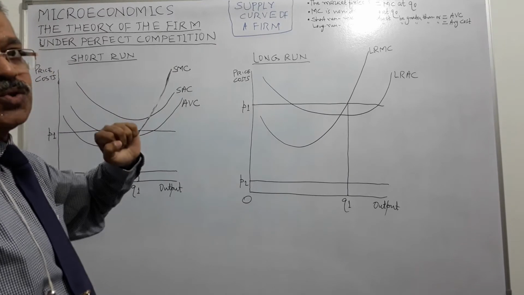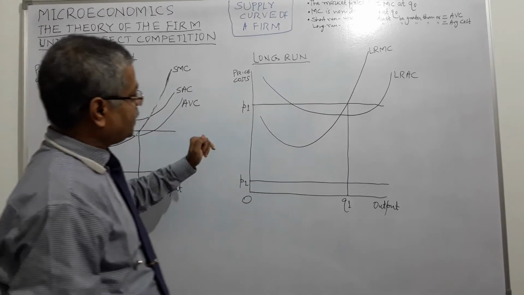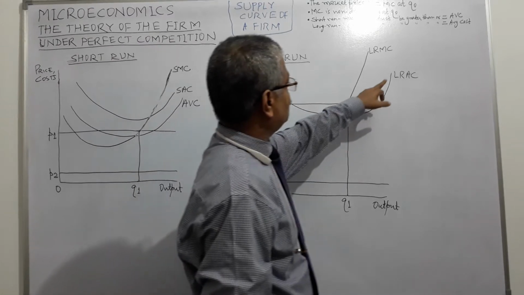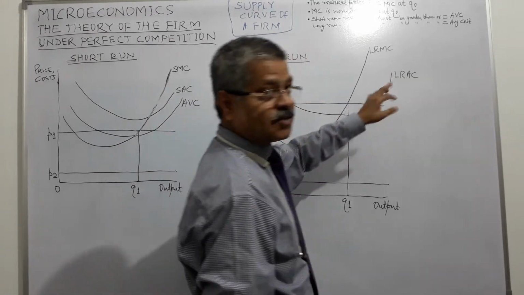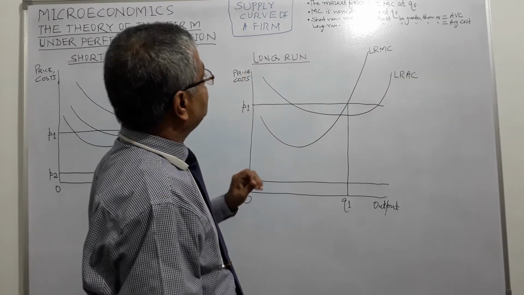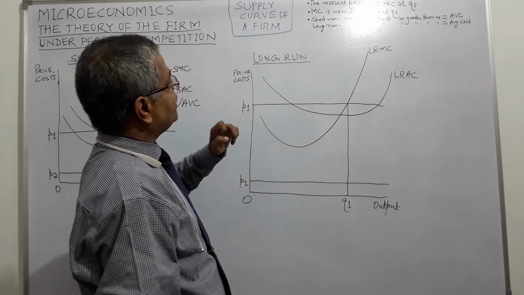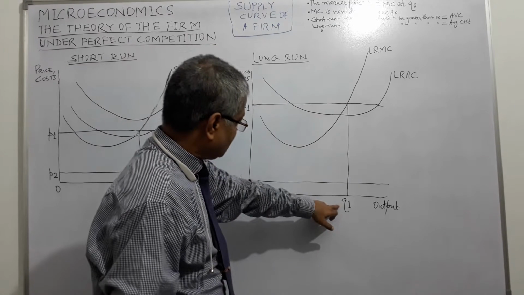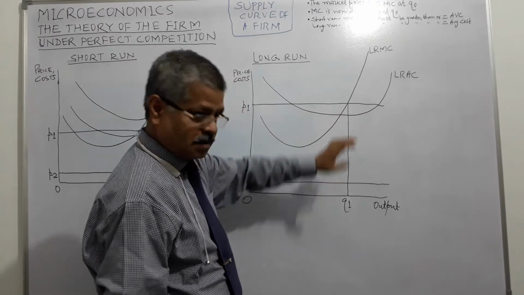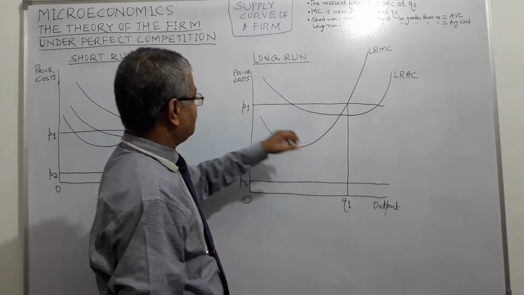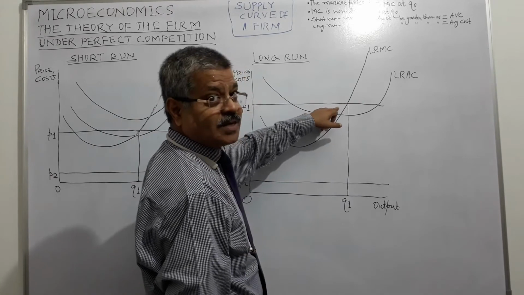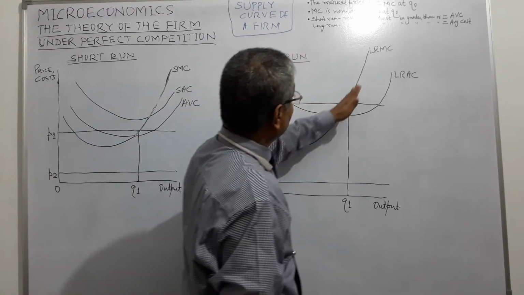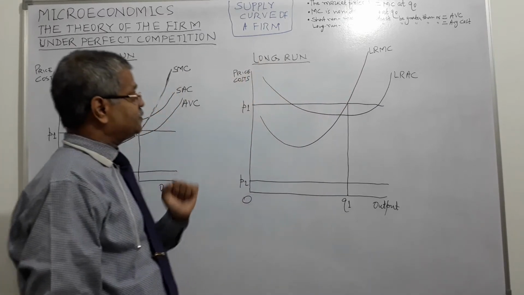Now we test those three conditions. Here the market price is higher than the long run average cost. One condition is met. Second, marginal cost is non-decreasing at Q1, the output decided by the firm. LRMC is non-decreasing. It's not declining, it's only going up, right?